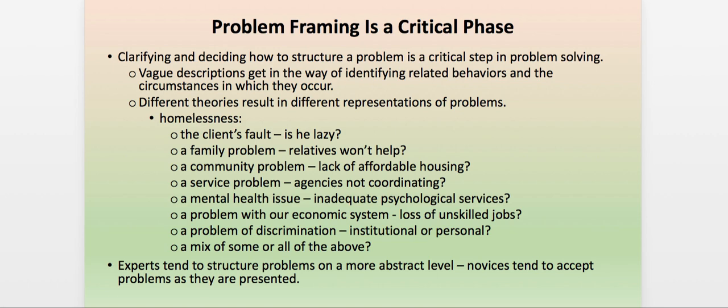And then there are other ways that you can look at this, in the different levels of intervention: the family level, the community level. On the community level, the issue may be the lack of affordable housing for people who don't have a lot of income. And so while you may still be working with the individual on other related individual issues, you may also be intervening on the community level to try to engage the community leaders in developing more affordable housing.